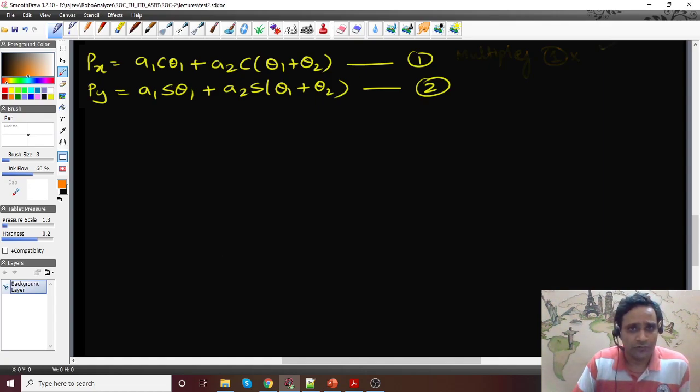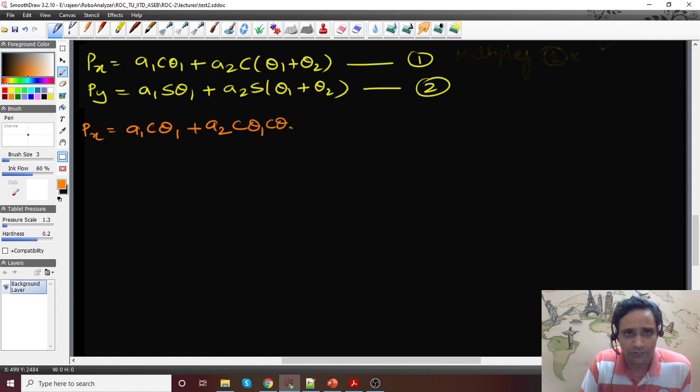Let me rewrite equation 1. Px is equal to a1 cos theta 1 plus a2 into cos of (theta 1 plus theta 2). Cos of a plus b is cos theta 1 cos theta 2 minus sin theta 1 sin theta 2, so it becomes a2 cos theta 1 cos theta 2 minus a2 sin theta 1 sin theta 2. Let me rewrite that because we want to segregate theta 1 and theta 2 terms.